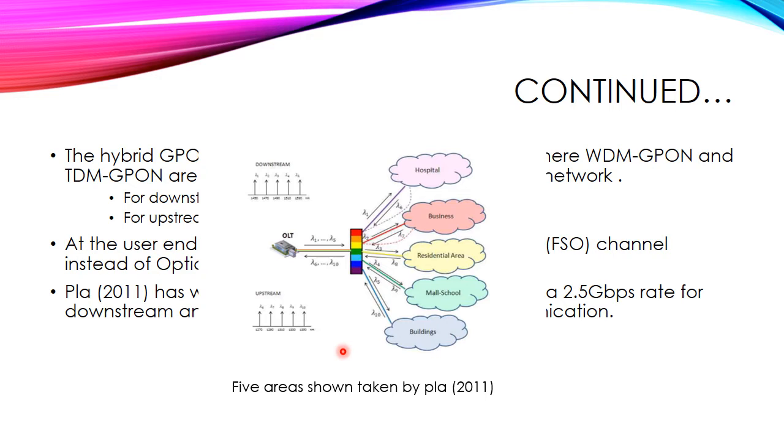The main bidirectional optical fiber connecting the optical line terminal to the optical distribution network is 5 kilometers in length. At the access network side, the length of these bidirectional optical fibers in each area is different depending upon the requirements of that area.